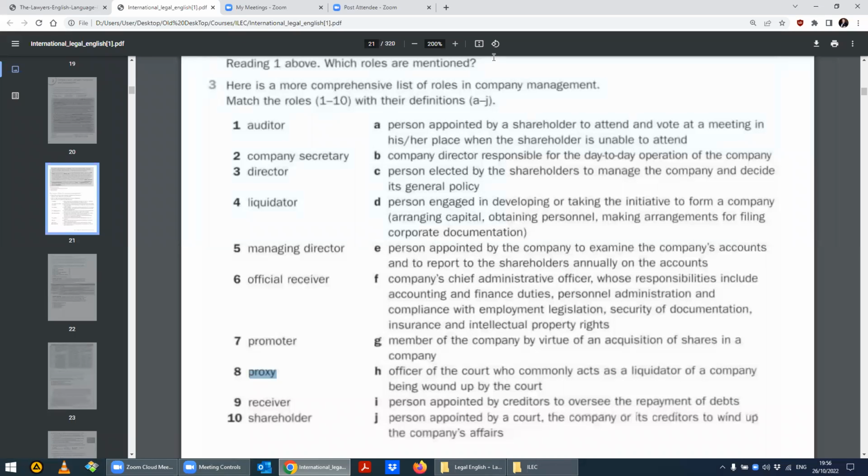Now, sometimes they don't send a person. Sometimes the company says, these are the proposals. Do you want to vote yes or no? If you want to vote, write on this form and send it back to us. It's a proxy voting form. So proxy can refer to the vote in which written votes are going to be counted, or a proxy can refer to the voting paper, or a proxy can refer to the person you send on your behalf to vote as you instruct them, as your agent.